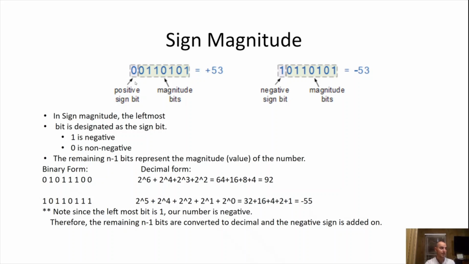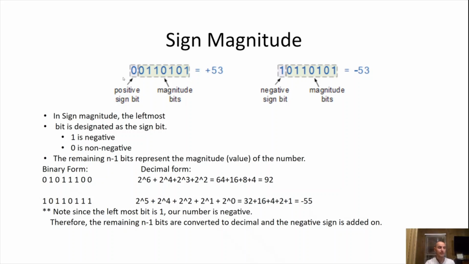So for example, these two numbers that we have, you see that all the bits are the same, and we're going to calculate with that same method of indexing and multiplying. We're going to get 53. But we know that these are sign magnitude numbers, so we should know which system we are working on.